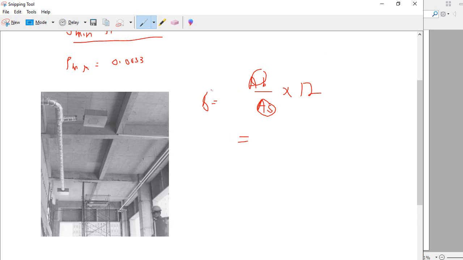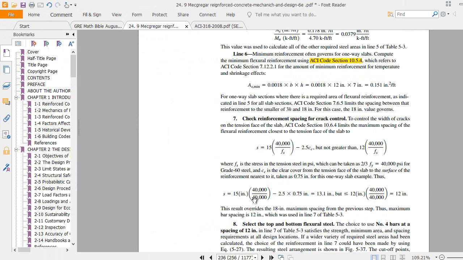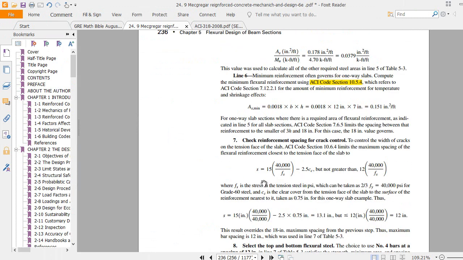But for the maximum spacing, the ACI code has some restrictions in the case of a slab system. Let me discuss those restrictions. Here they explain the limits of ACI 7.6.5.